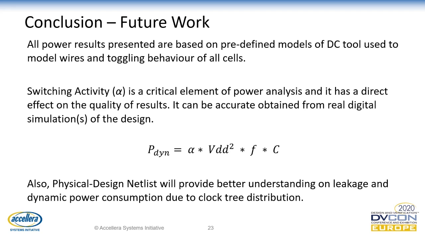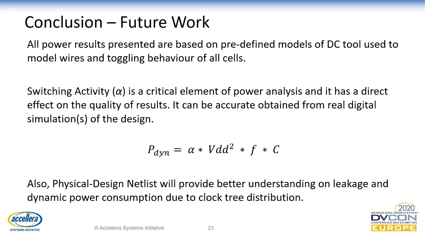In this type of analysis, we use a predefined model which models the switching activity of all the wires, but this doesn't reflect reality. In the real world, when there is a real power analysis, designers usually run simulations on the RTL and get the switching activity of all the wires. Using it, they perform the power analysis.